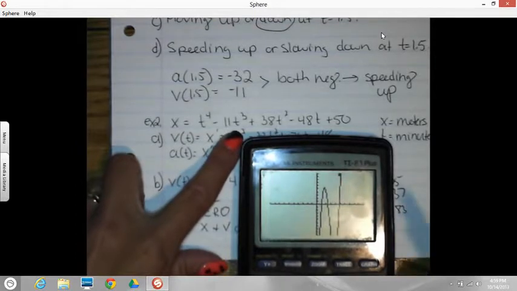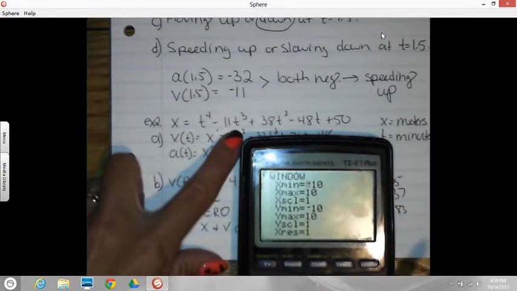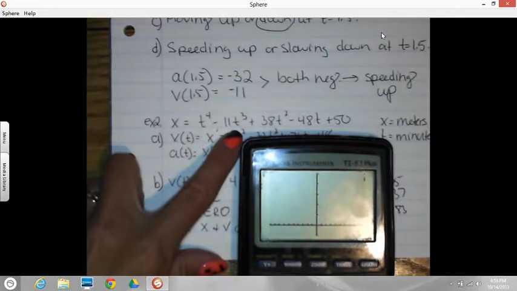Oh, that was cool. It's way up there. So it looks like we have to see up higher. Window. Y max, let's go 50. Okay, there they are.